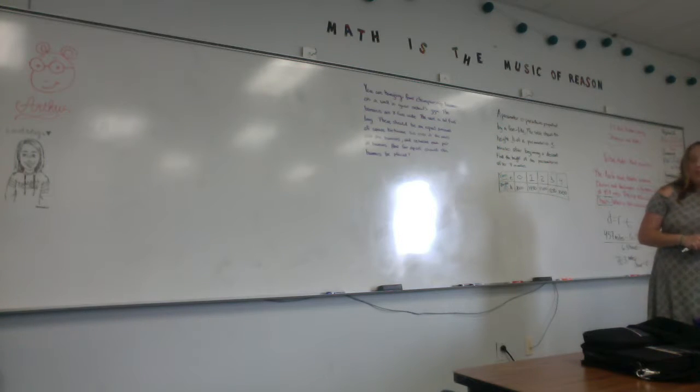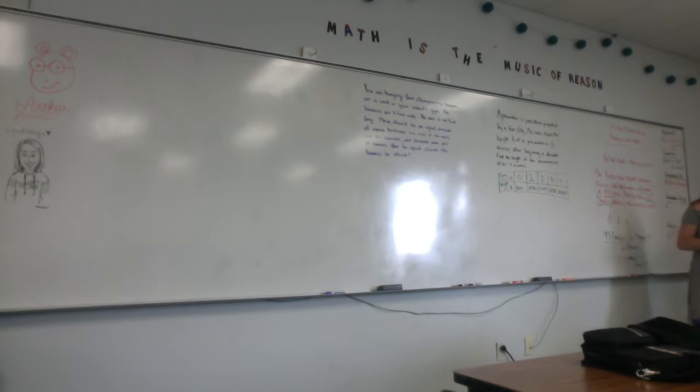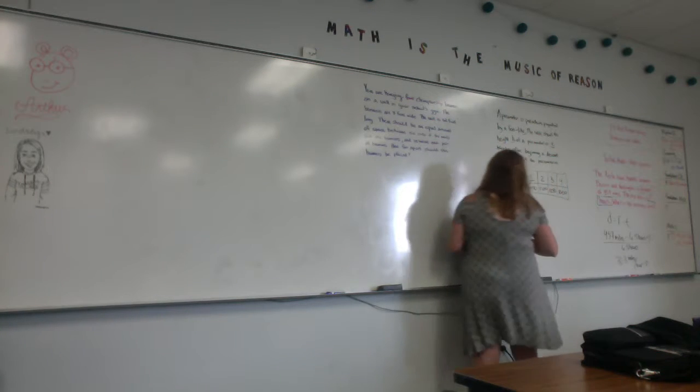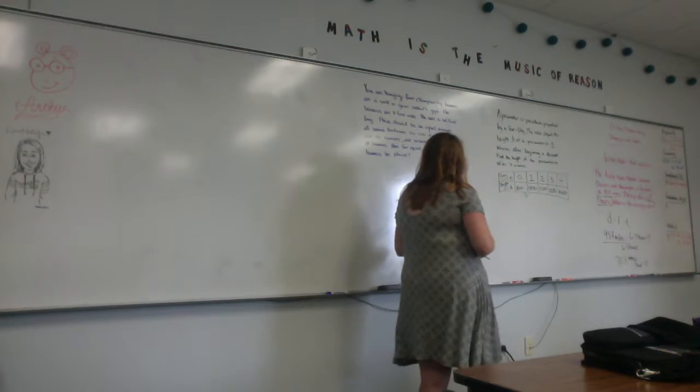So what do you think we need to figure out first? If they give us this chart, we probably need to look at the chart and find the height difference. Good, Cole. What is the height difference between 2,000 and 1,750? 250.